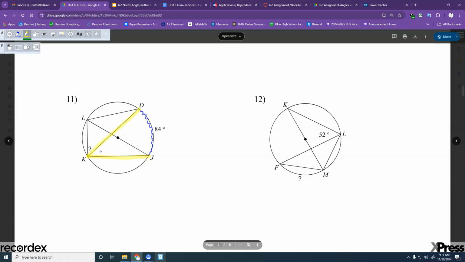Is that what they want? Is that what they're asking for? It is not, okay? They are asking for this angle, which if we follow those lines on out, we go from L to D, we are looking for this arc. How could we find that arc?